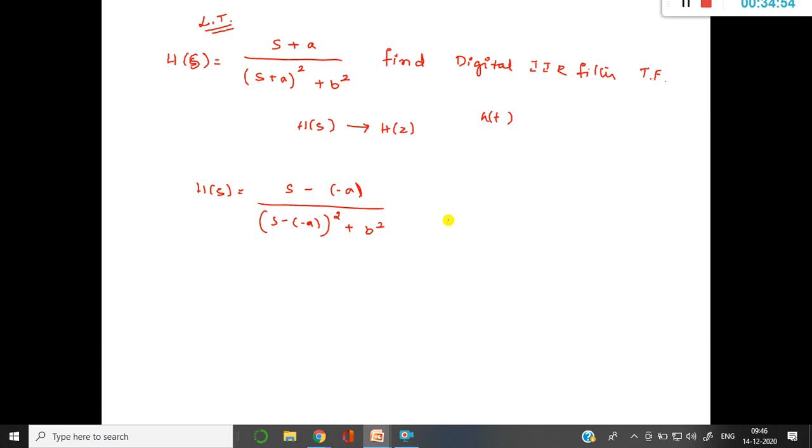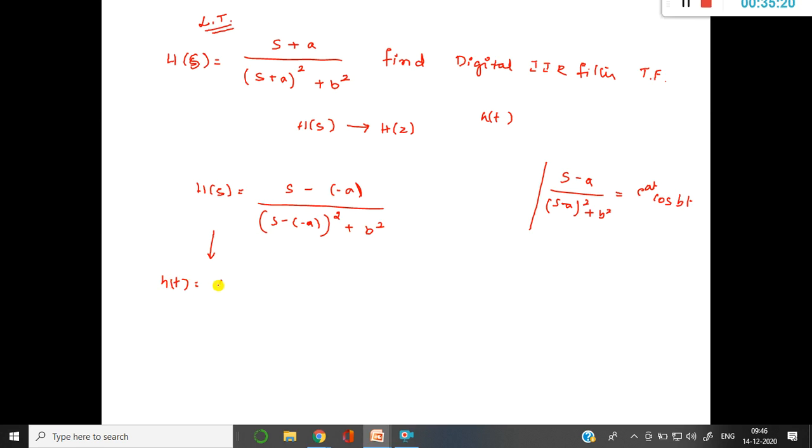From the table of Laplace transforms, I have (s minus a) divided by (s minus a) the whole square plus b square. In this case I used to write e to the power of at times cos bt, right? How do you write here in this case? I need the inverse Laplace transform.